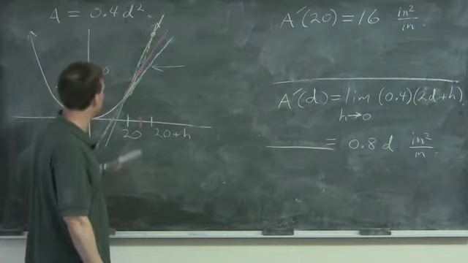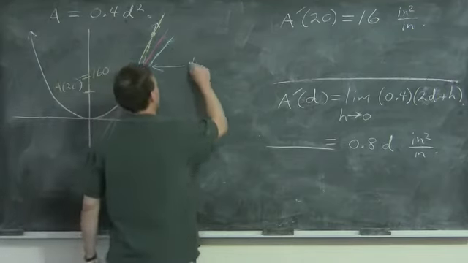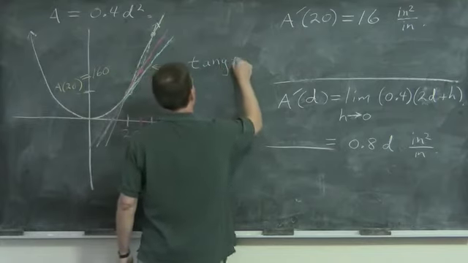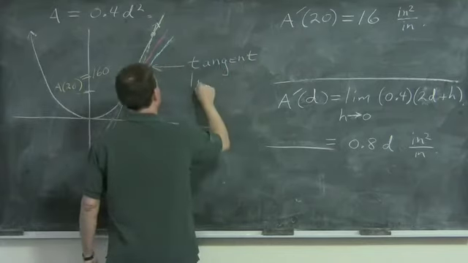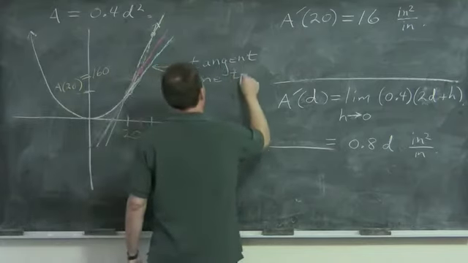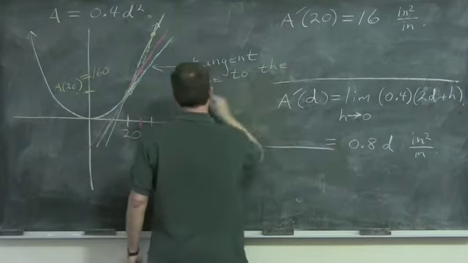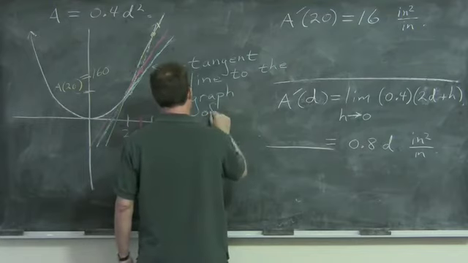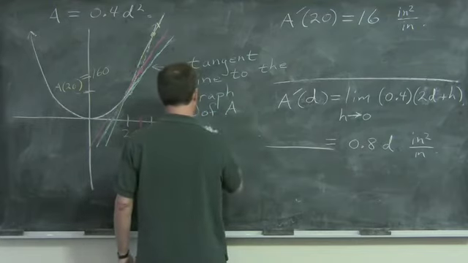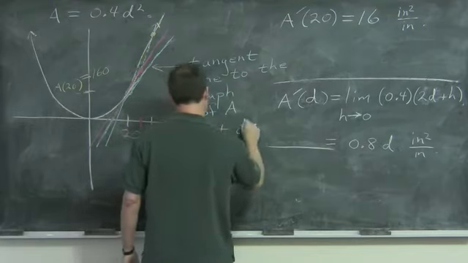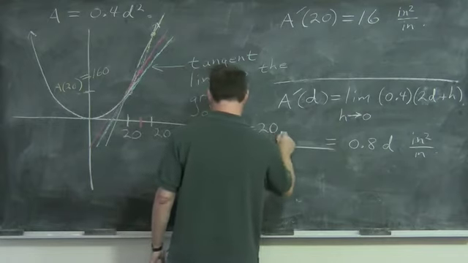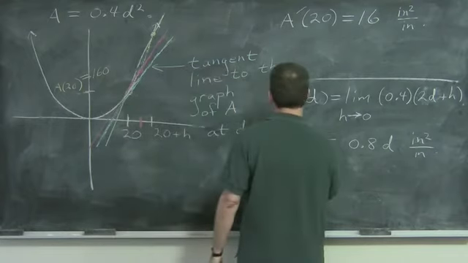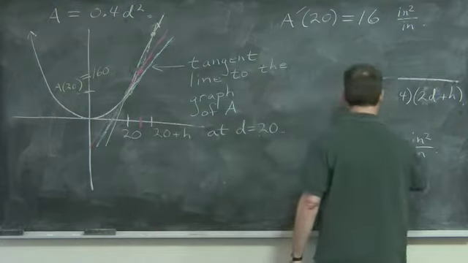This thing is called a tangent line to the graph. And its slope is the limit of the slopes of the secant lines.